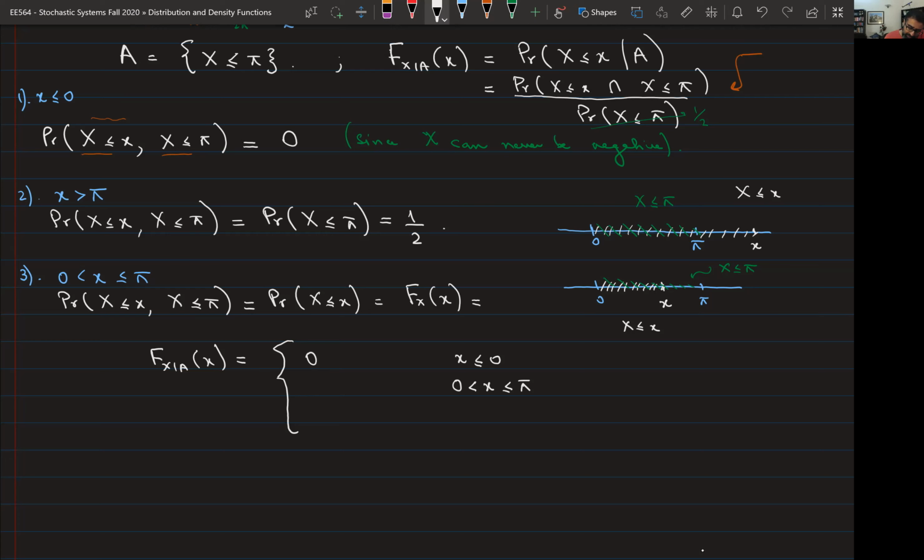So this was x upon 2 pi. And therefore this becomes equal to x divided by pi. Why is it x divided by pi? Because there's a half here. Okay, so that half cancels with the 1 upon 2 in the pi here, and moreover this is 1 for x greater than pi. So this is your answer. Okay, this is the solution.